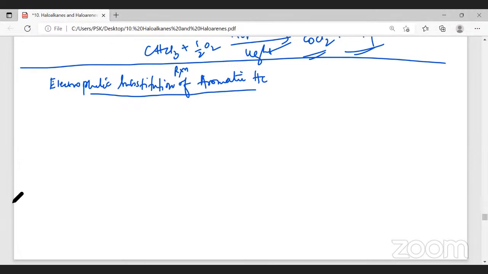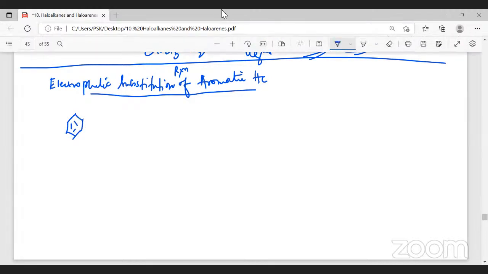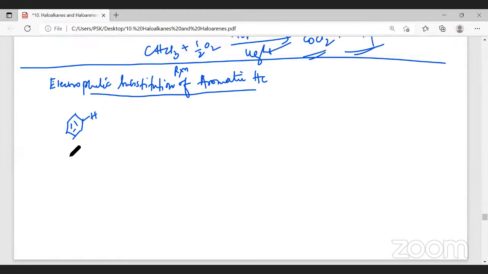Now, for an example, if you take this molecule, what is the name of this molecule? Benzene, sir. Benzene. It is still benzene. Now, when benzene is allowed to react with chlorine in the presence of ferric chloride as a catalyst, I'm giving you the overall reaction.